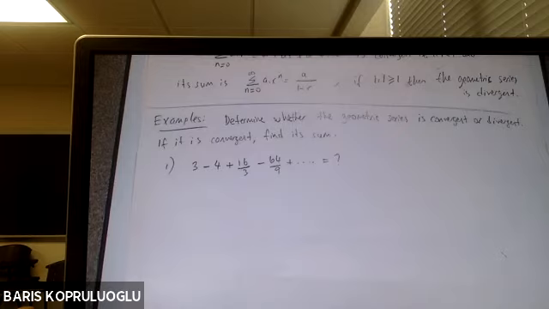So the first step is going to be finding the common ratio of the geometric series. So 3, -4, 16 over 3, -16, -64 over 9. So how can we find the common ratio of this series?